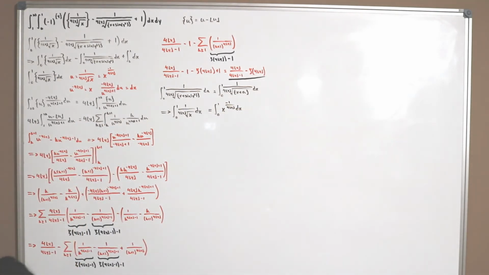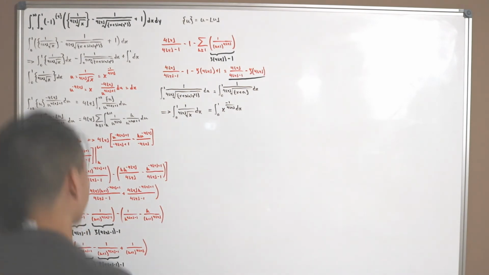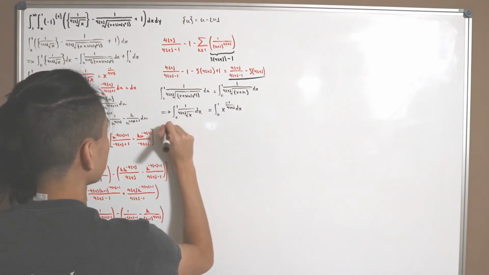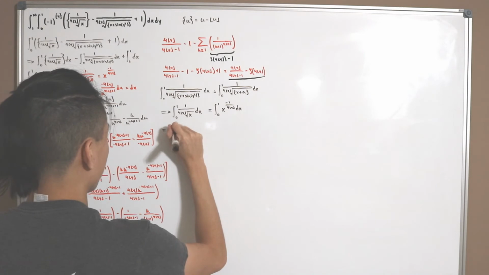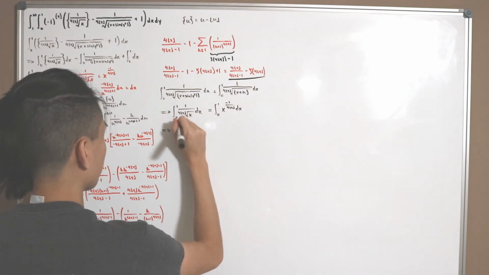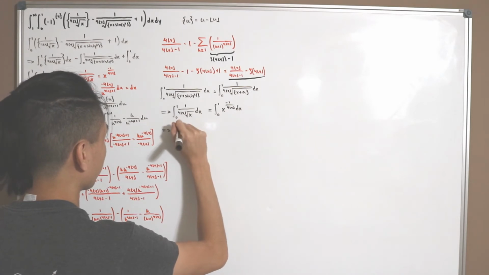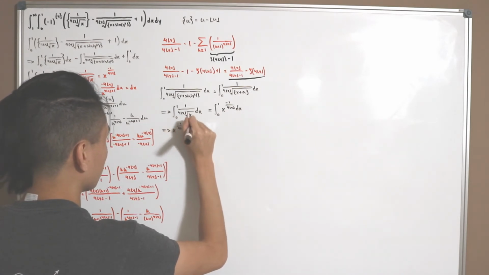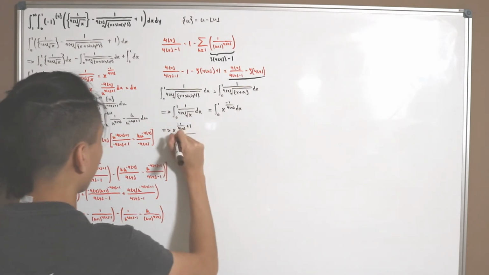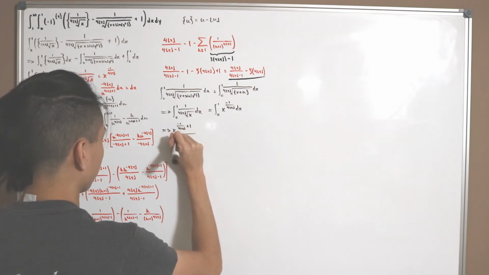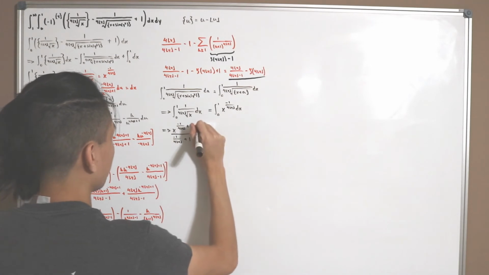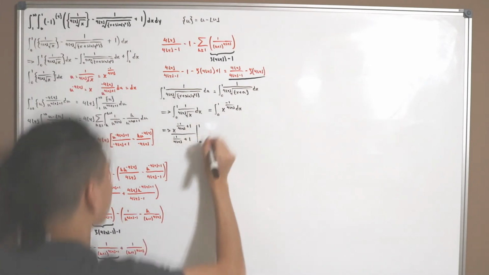Okay, so now we just use the power rule. This is x to the -1 divided by 4 floor y plus 1, and then this being divided by -1 divided by 4 floor y plus 1. Integrate this from 0 to 1.